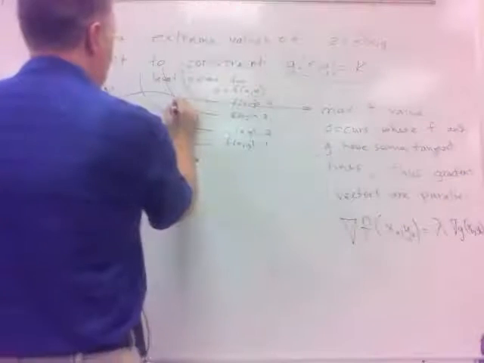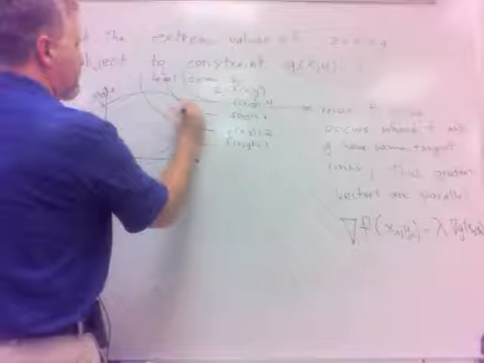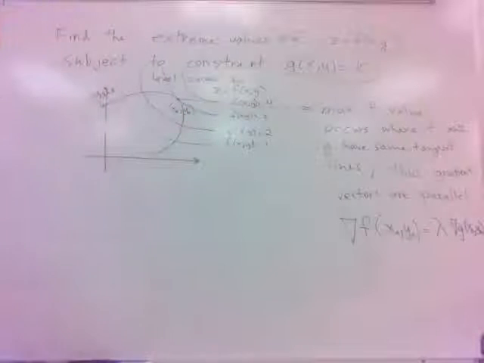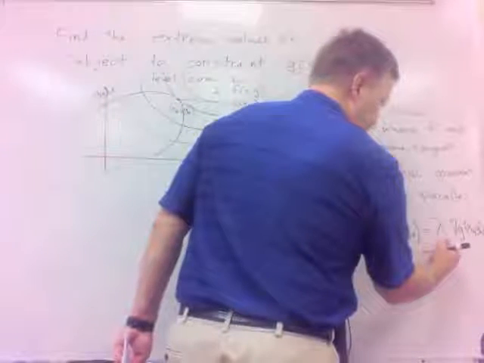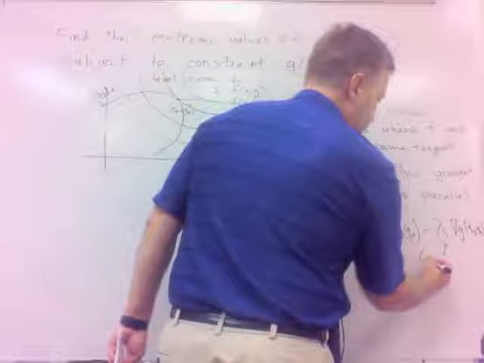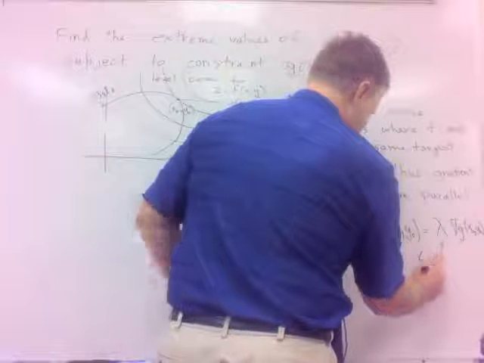This is where the x naught, y naught we're talking about. So yes, like I said, this is the Greek letter lambda. That's called the Lagrange multiplier.